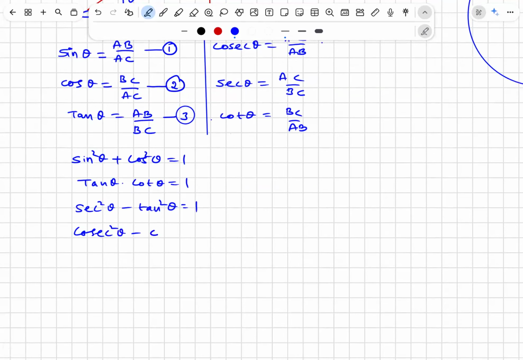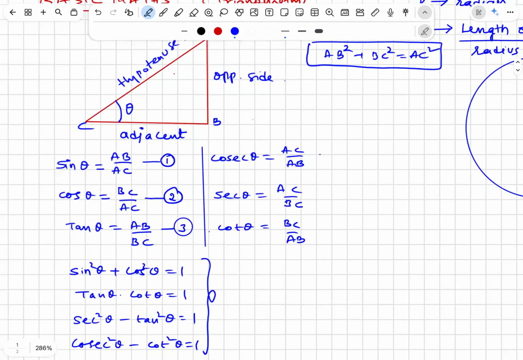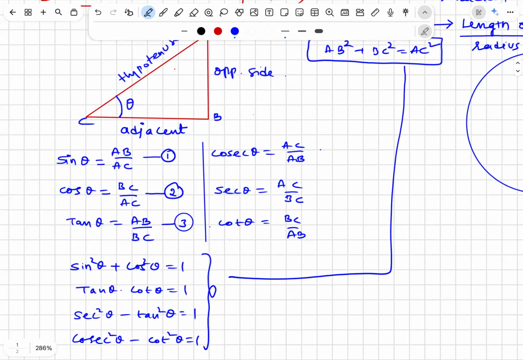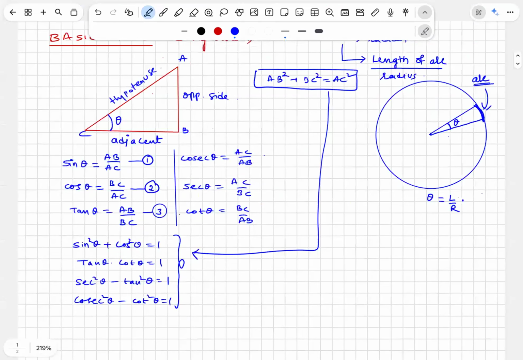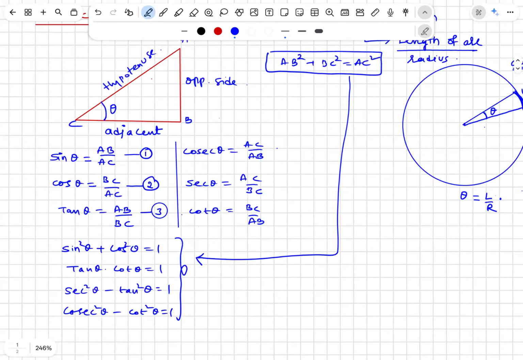Cosecant square theta minus cot square theta is equal to 1. All these are the basic relations that you will get from this right angled triangle and Pythagoras theorem together.